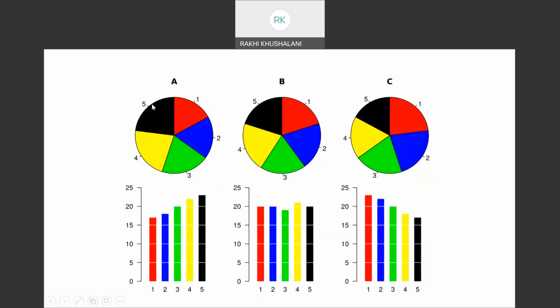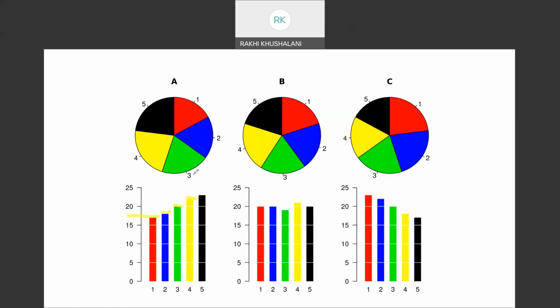मतलब बार ग्राफ में जो रेड लाइन, अगर आप ये पाई चार्ट में देखेंगे, if you see here in my annotation, black is the biggest portion, red is smaller. At the same time, this is representing something like 18, red is representing something like 19, 20 is green, yellow is going somewhere near 22, 23, and like that.